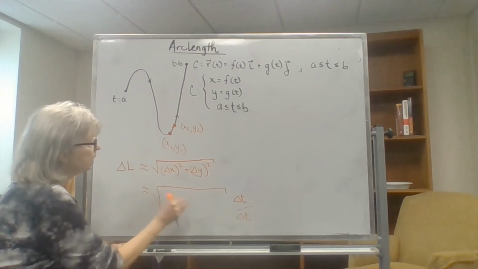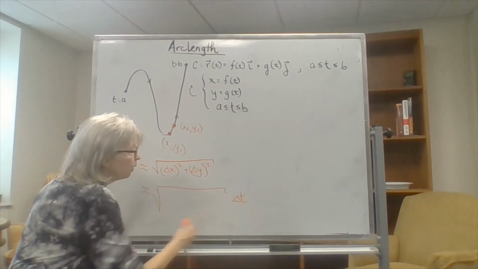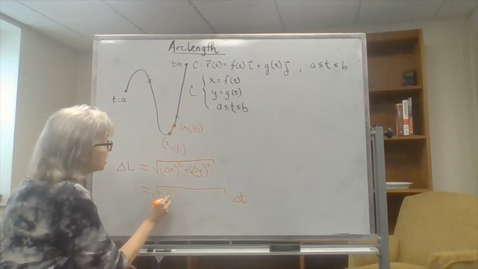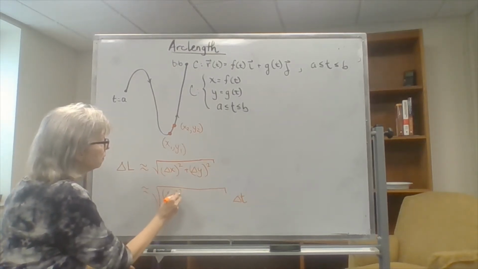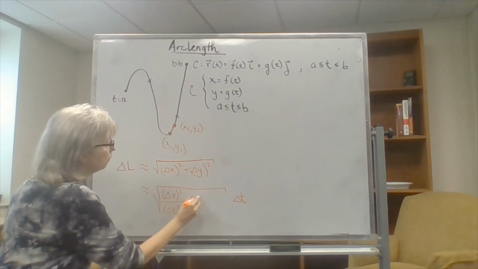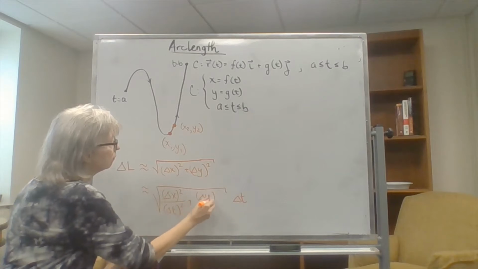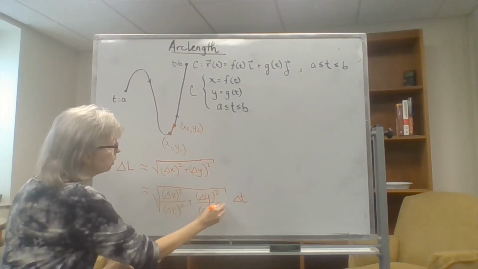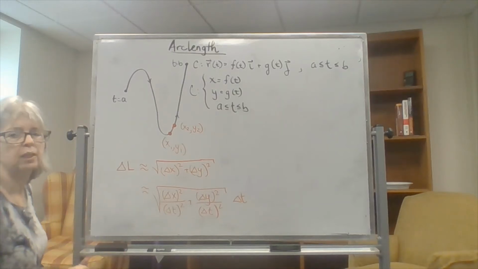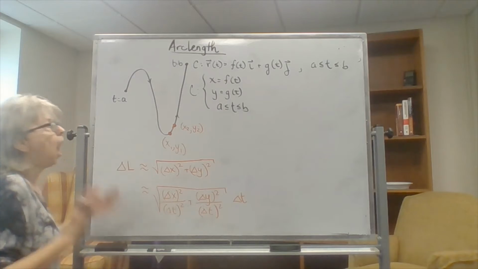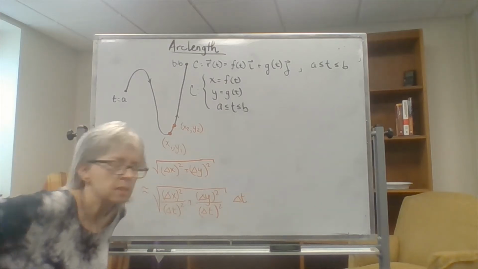Then it's going to become delta t squared. And I'll use the distributive property and distribute that over the two terms inside my square root. Oh my gosh, I can rewrite this a little bit better.